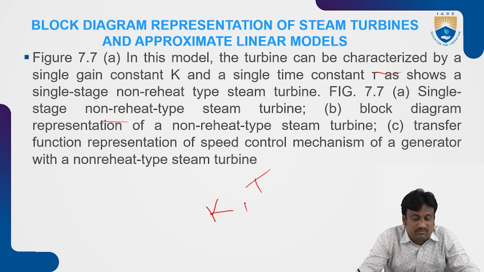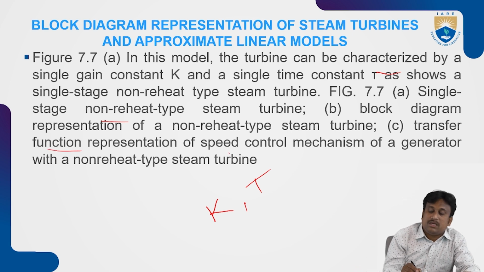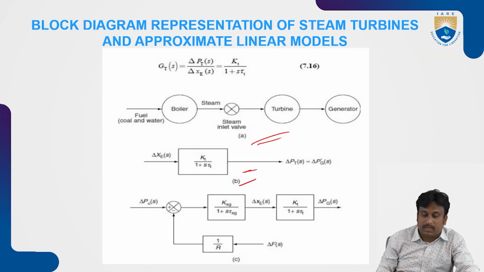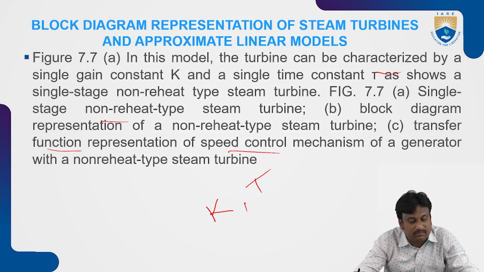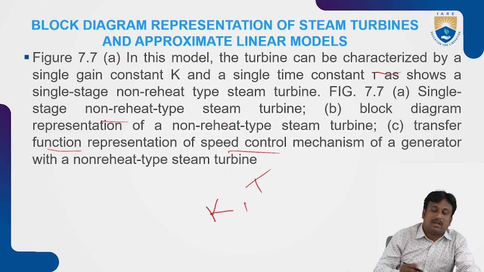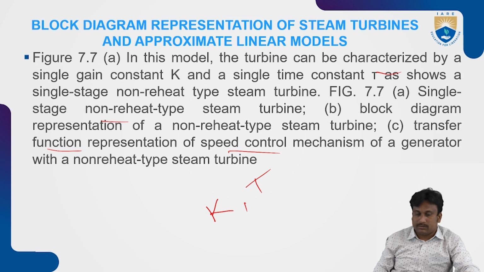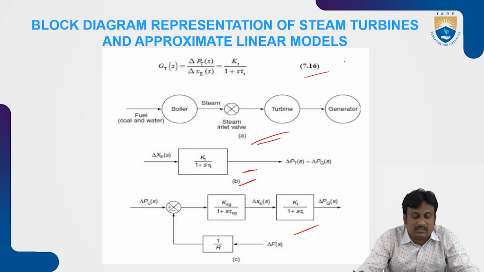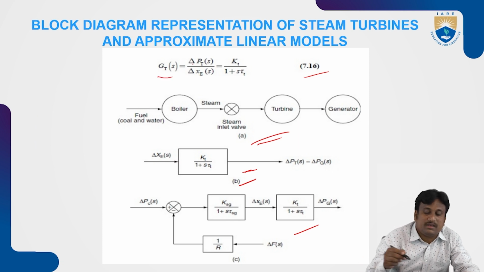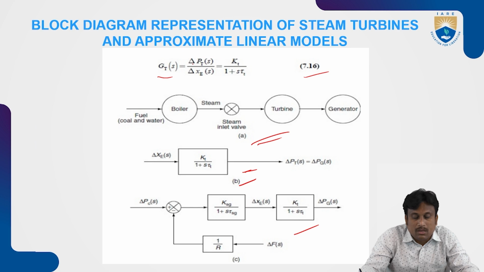Its transfer function is represented in the manner of the speed control mechanism, the transfer function of the speed control mechanism of the given generator with a non-reheat type steam turbine. The first expression is the transfer function of the turbine model: Gt(s) equals delta Pt(s) by delta Xe(s), which equals Kt by 1 plus s tau T.